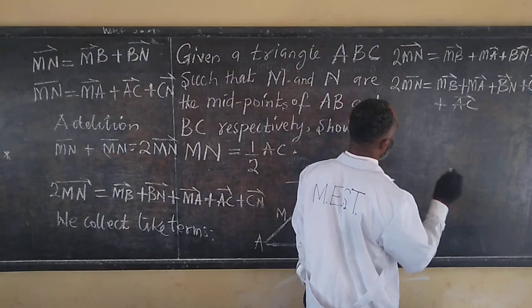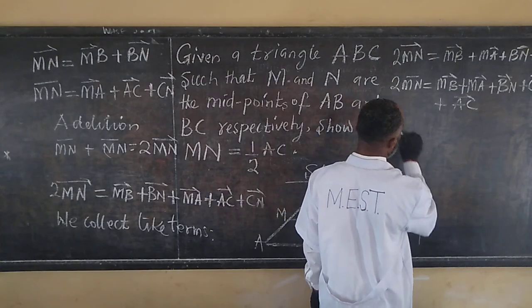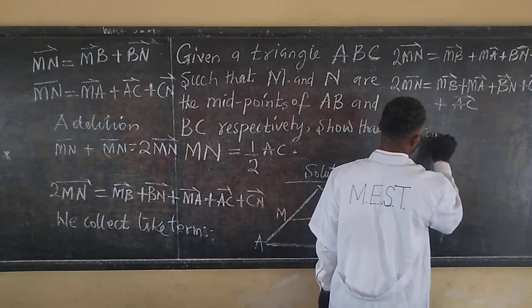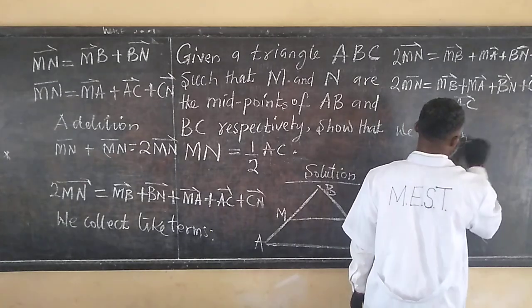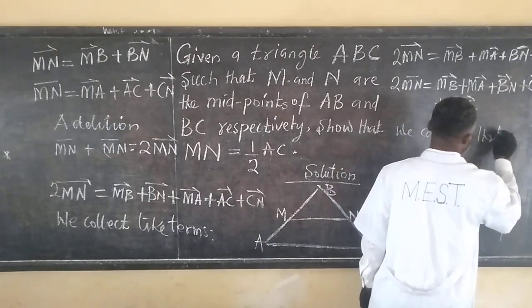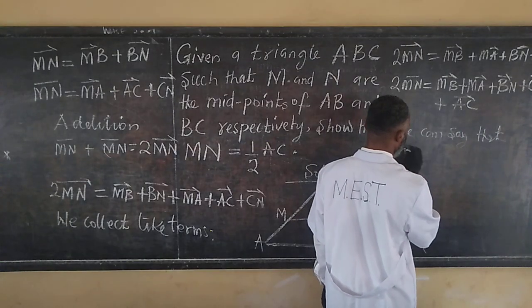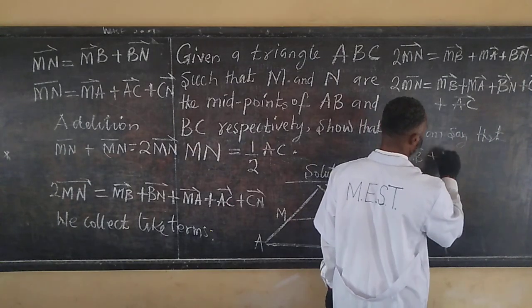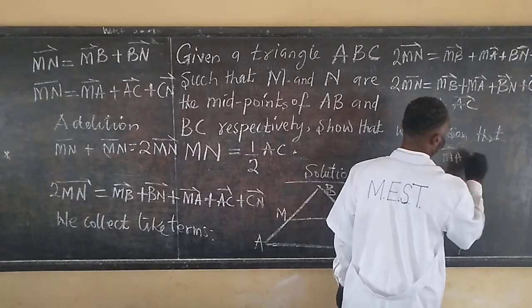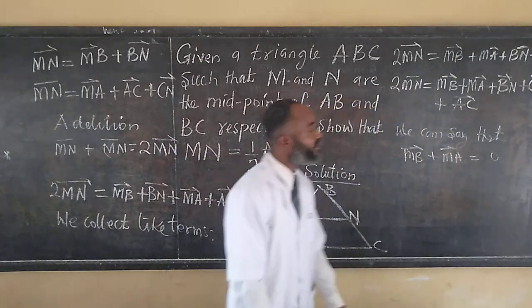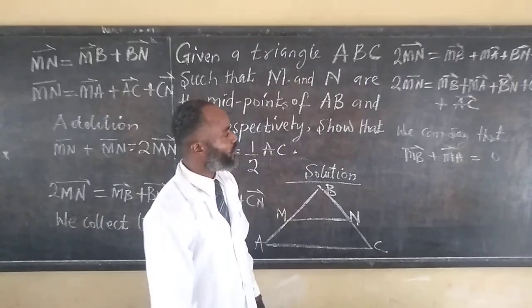We can now say that line MB plus line MA is equal to 0, because we cannot equate it with anything.